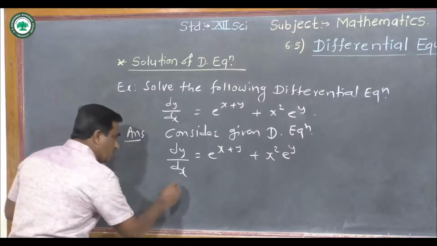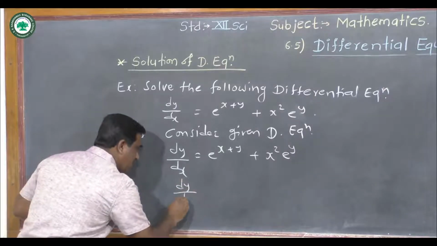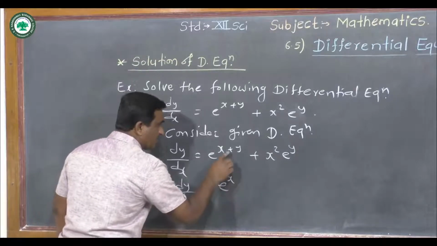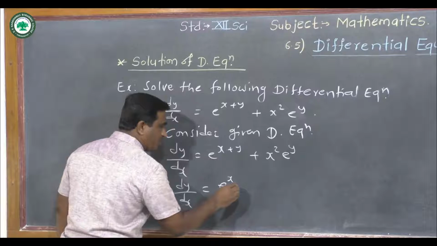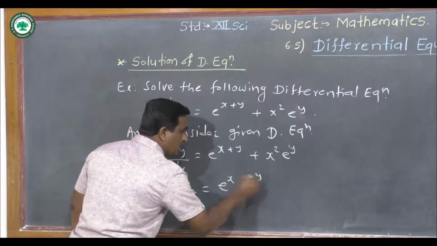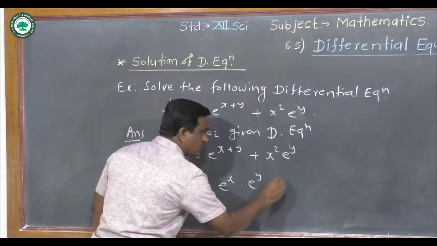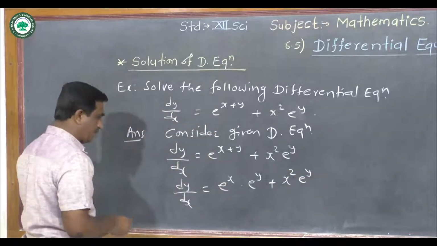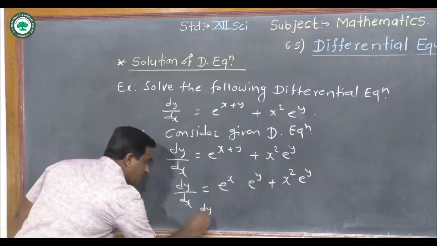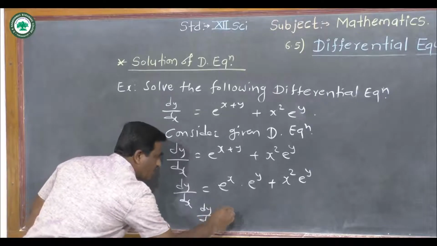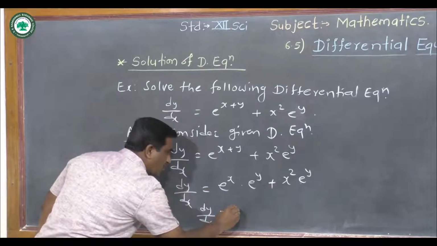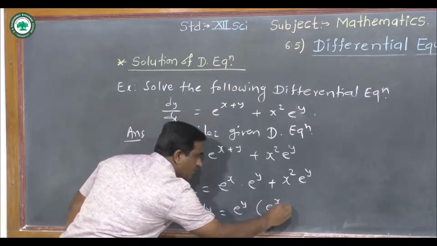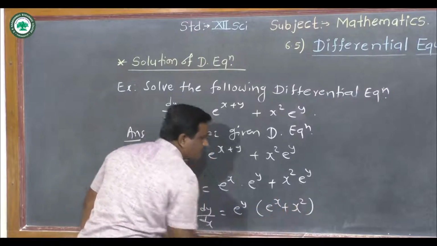Therefore first we simplify this: dy by dx equal to e raised to x plus y, which can be written as e raised to x into e raised to y, plus x square into e raised to y. Okay, that is dy by dx equal to, taking e raised to y common, e raised to y into in bracket e raised to x plus x square.